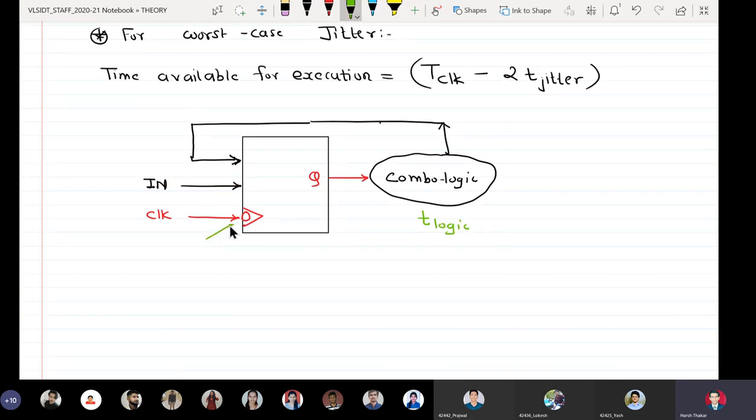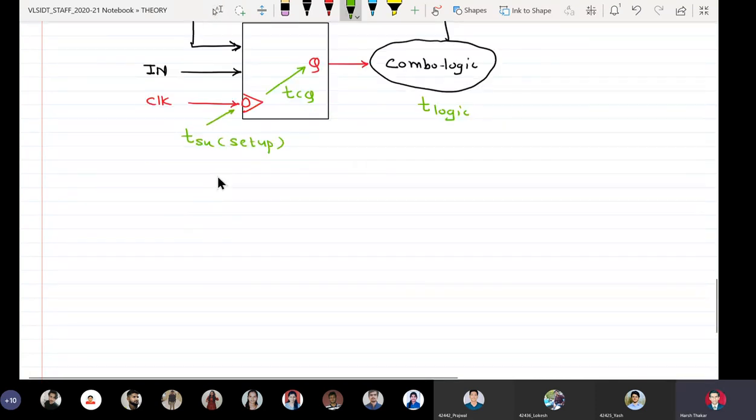At the clock's input there is one more delay called TSU, the setup time. And there is also one more delay called TCQ, the clock to Q delay.